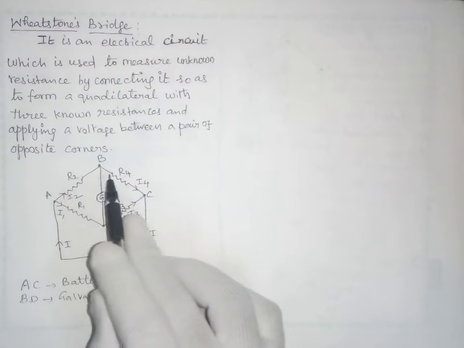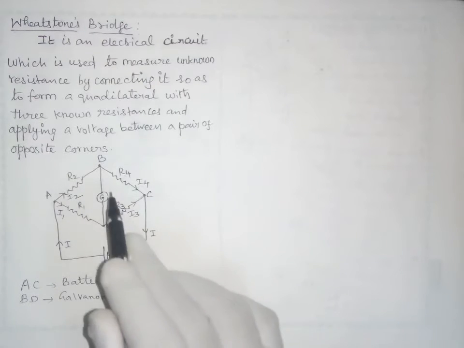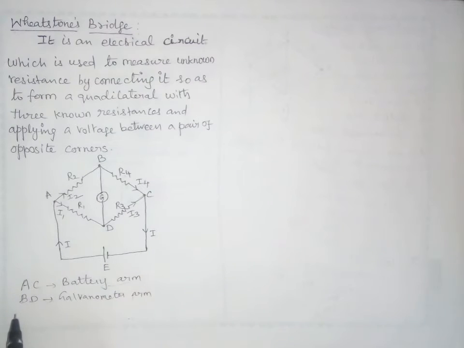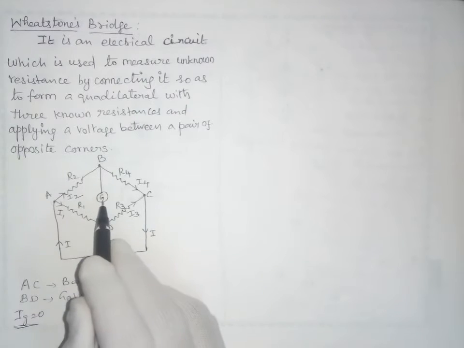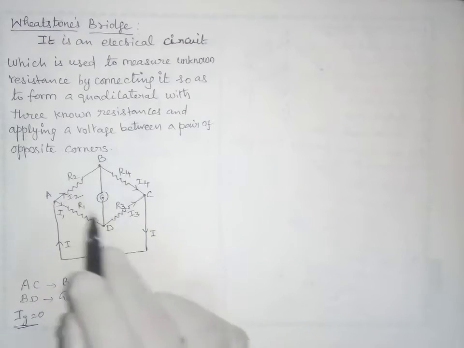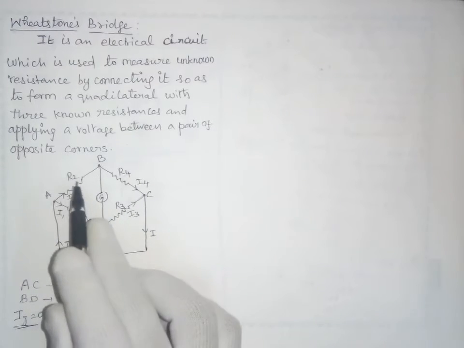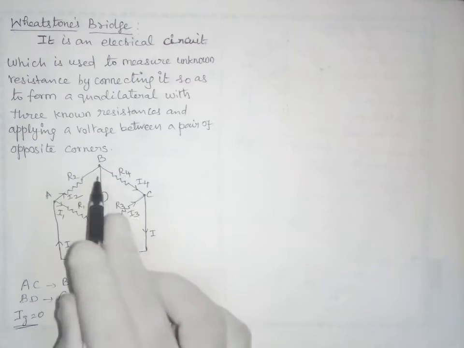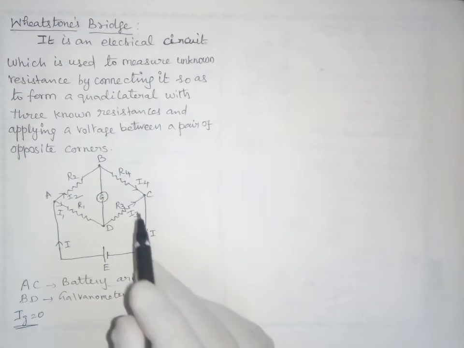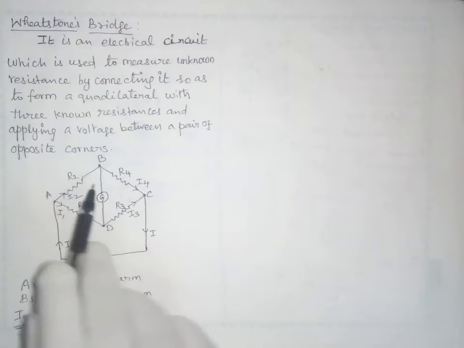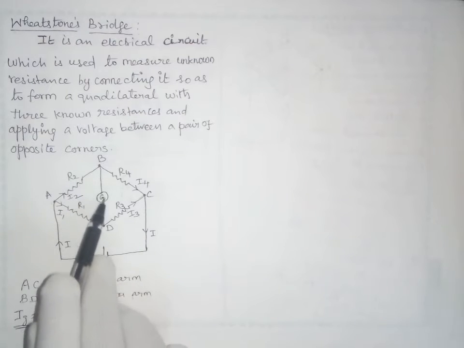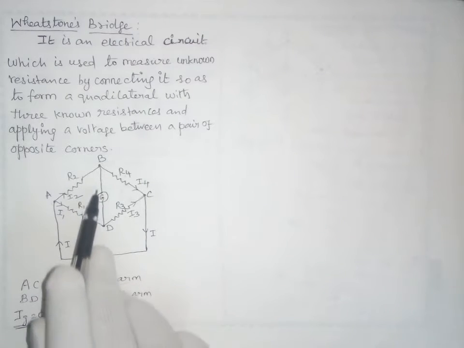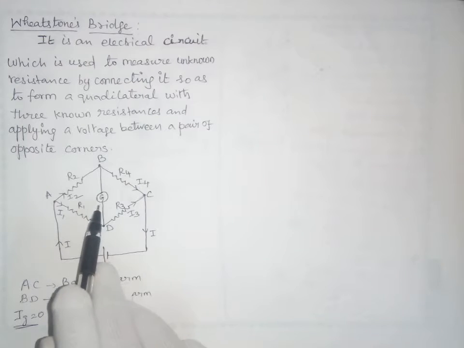In order to find the balance condition of this Wheatstone bridge, we initially assume Ig equal to 0, that is, the current passing through the galvanometer is 0. Then the bridge is said to be balanced. Ig is the current flowing through the galvanometer, so it should be 0.